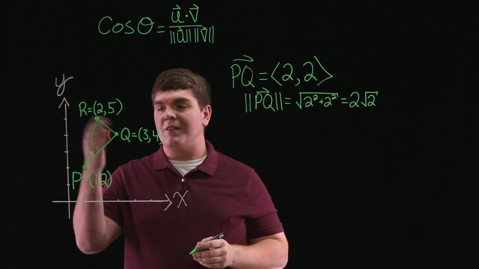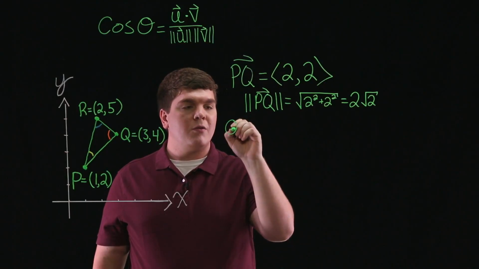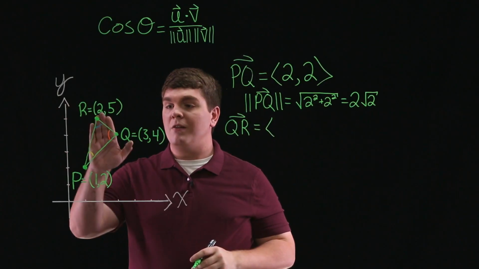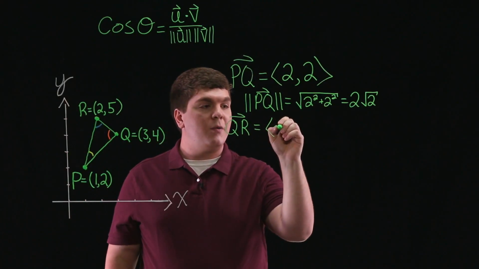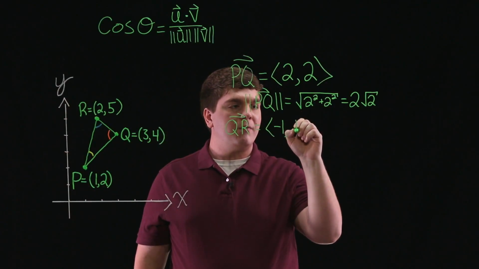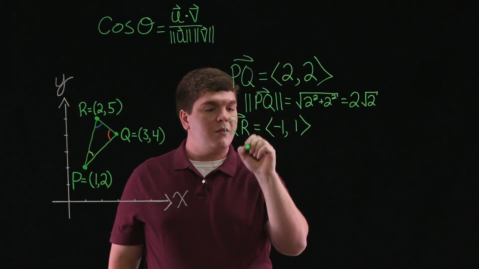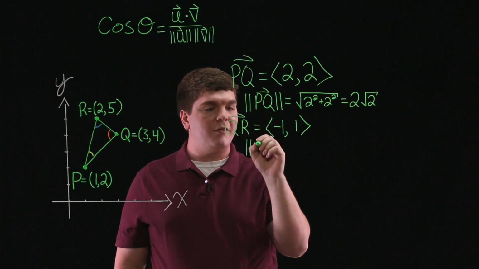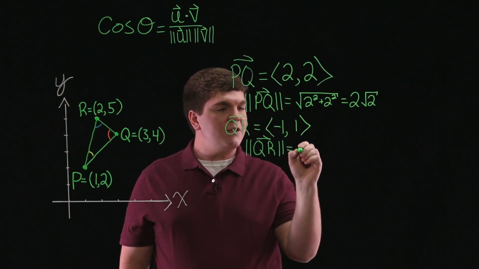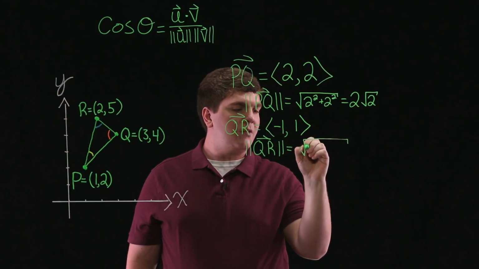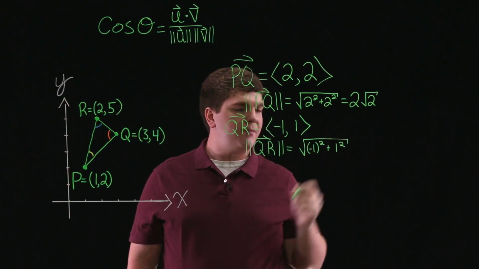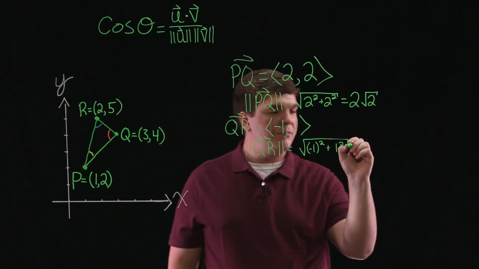Next, let's consider the side QR. Representing this as a vector, it's going to be 2 minus 3, which is negative 1, and 5 minus 4, which is 1. Let's next find the magnitude of the vector QR, which is equal to the square root of negative 1 squared plus 1 squared, which is the square root of 2.